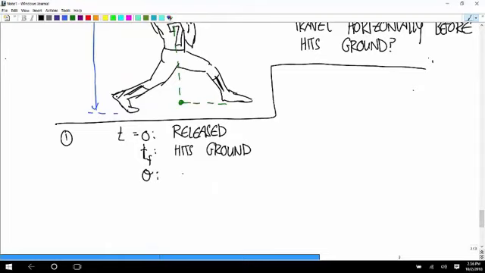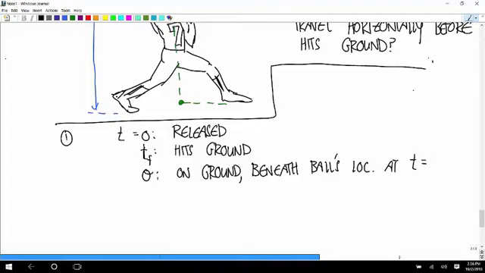So the origin location is going to be on the ground beneath the ball's location at time equals 0.